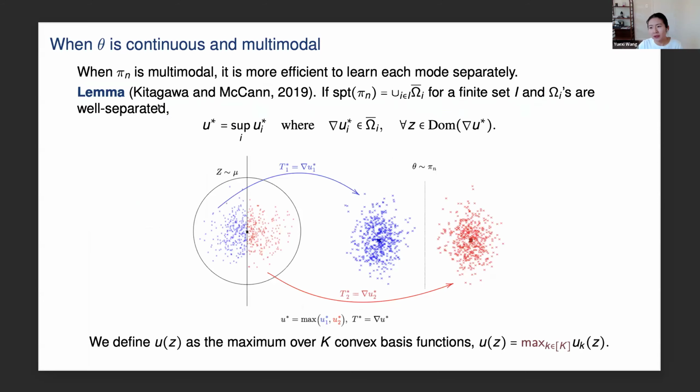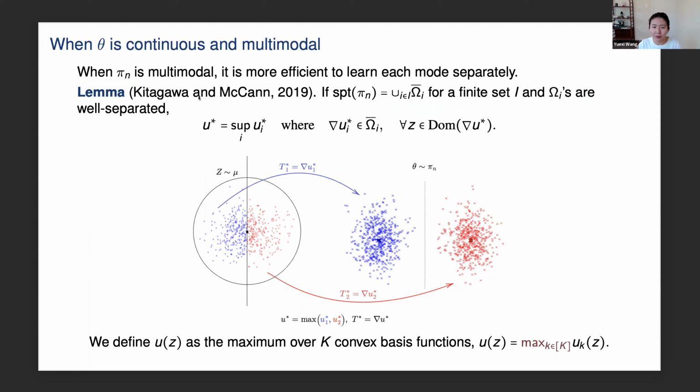And then what about the case when theta is continuous but multimodal? This was usually the challenging case for MCMC algorithms, where you struggle to learn all the modes. The theory suggested that when your target distribution is multimodal, it's more efficient to learn each mode separately.